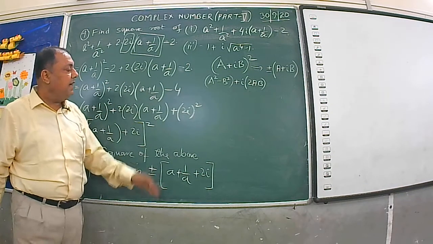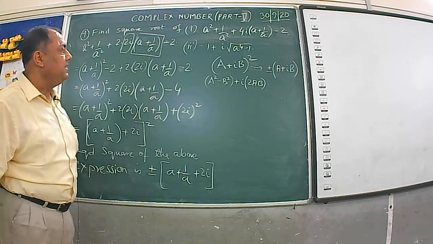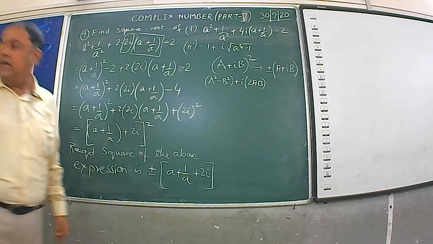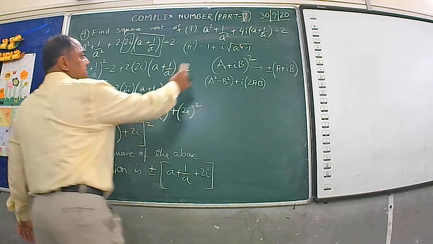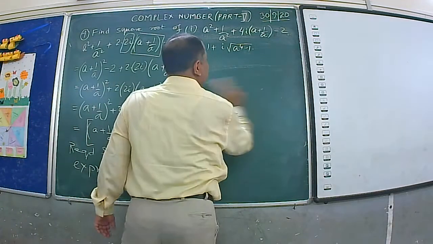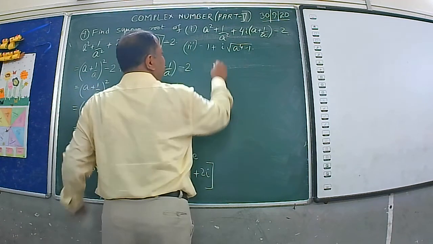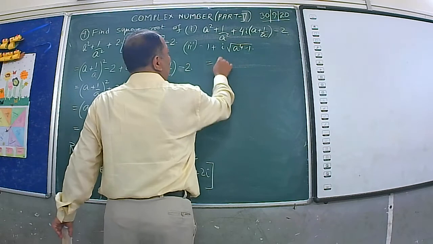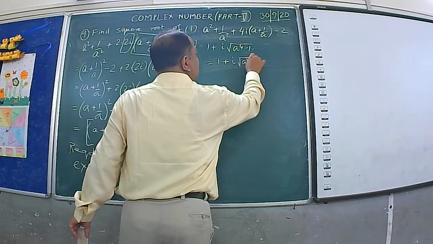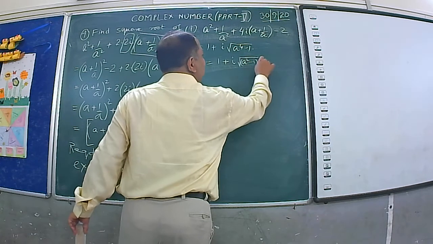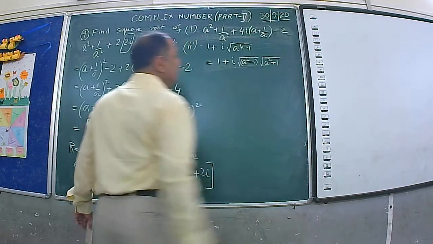Practice. And now the second part, to find the square root. Now our given expression is 1 plus i root over a square minus 1 into root over a square plus 1.